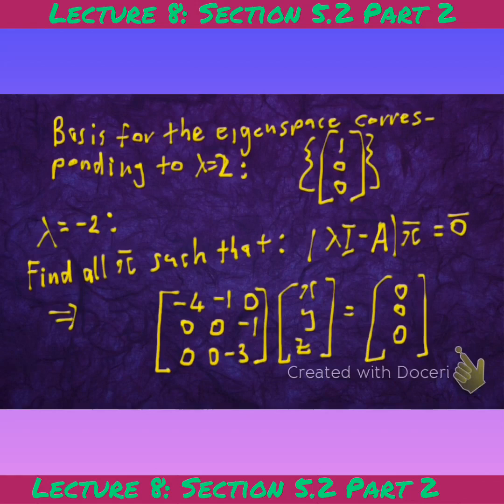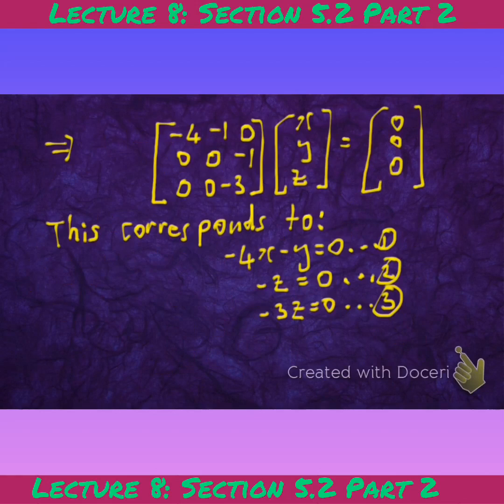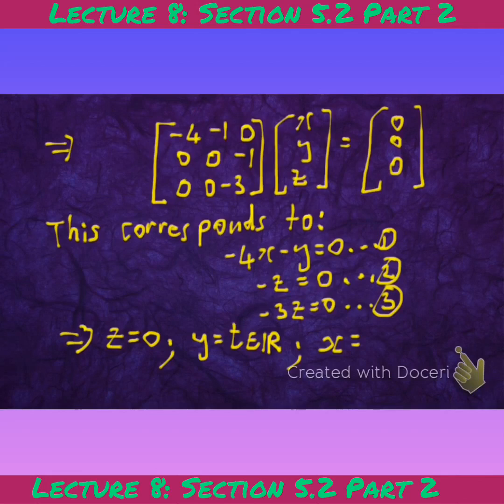That system corresponds to that linear system there, and from there we've got that z is equal to 0. We can parameterize y as a real number t, and from that we can solve for x as minus a quarter t.